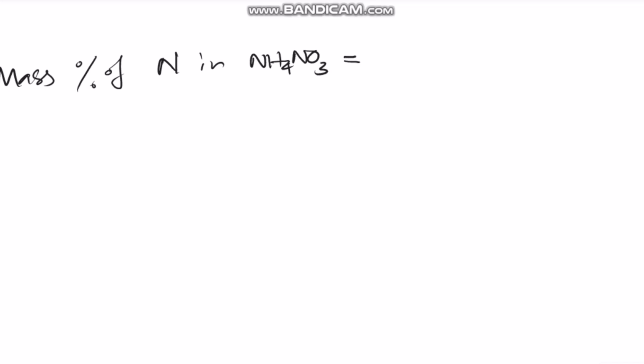So how do you do this? The relative atomic mass of nitrogen is 14. 14 into 2. Why 2? Because you have 2 nitrogen, one here and one here. Should divide by the total mass.